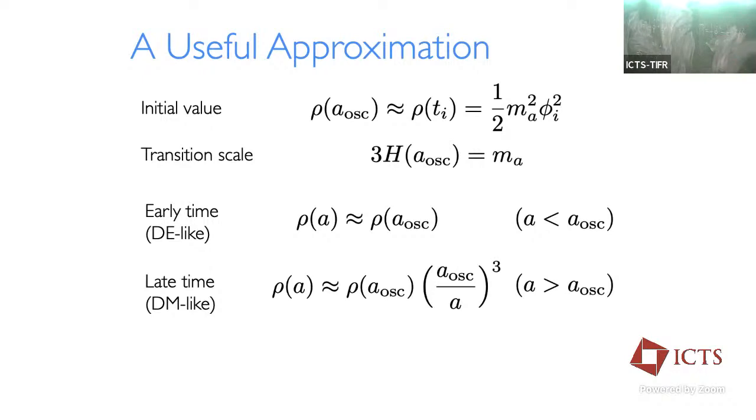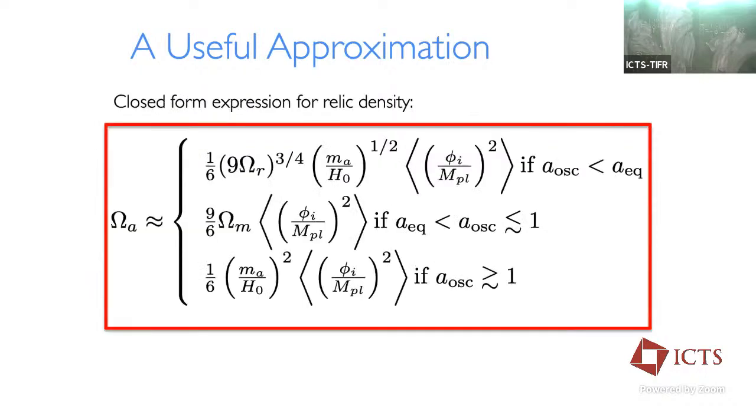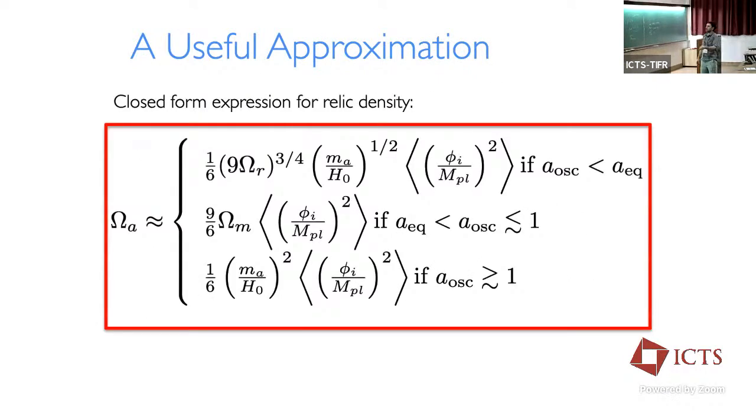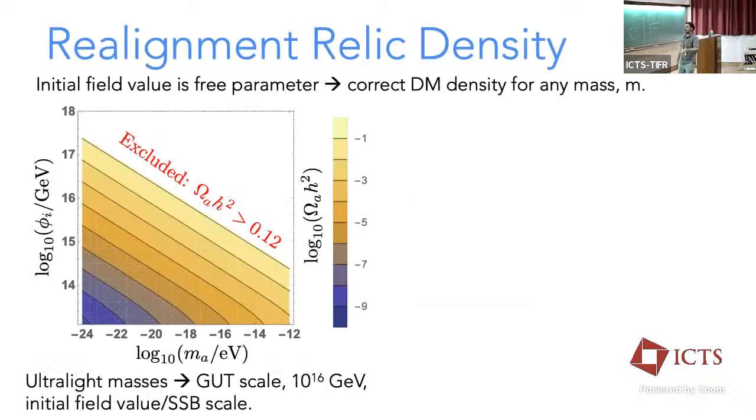But for the simple ultralight axion dark matter cosine potential, it's always like this. You can have a slight modification to this behavior if you're up high on the cosine, but we're not going to consider that. So if you take this approximation, you can work out a useful approximate formula for the relic density, which is like this. I'm not going to stay on it. You can find it in the review.